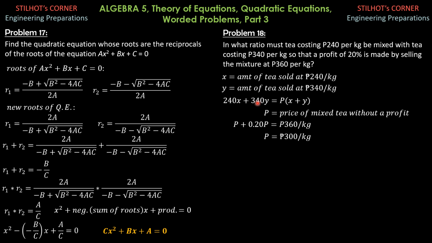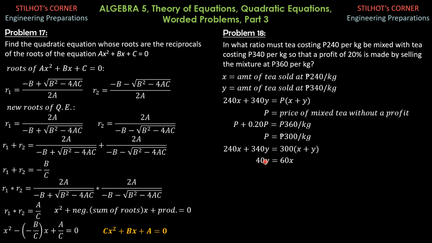Having found this P, we substitute into this equation here so that we get the ratio of the two different teas. So that is 240x plus 340y equals 300 times quantity x plus y. So we have 340y minus 300y is 40y, and 300x minus 240x is 60x. So 40y equals 60x.